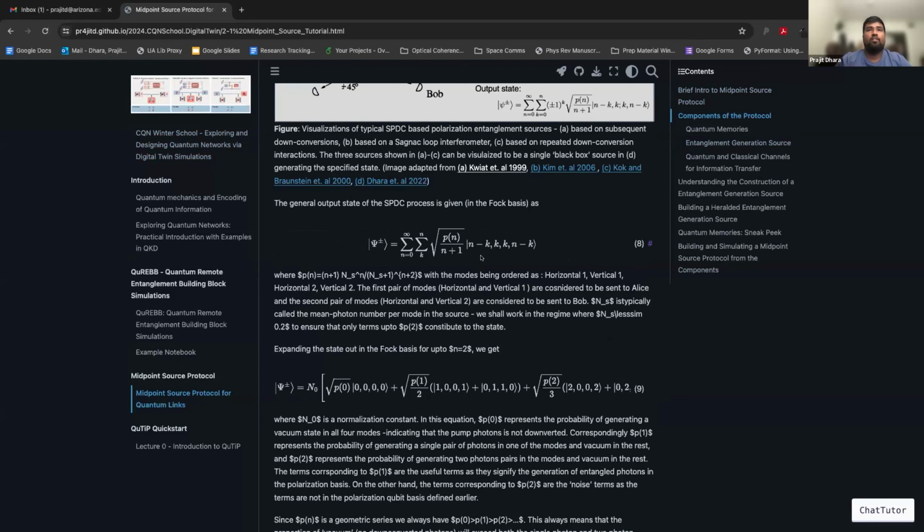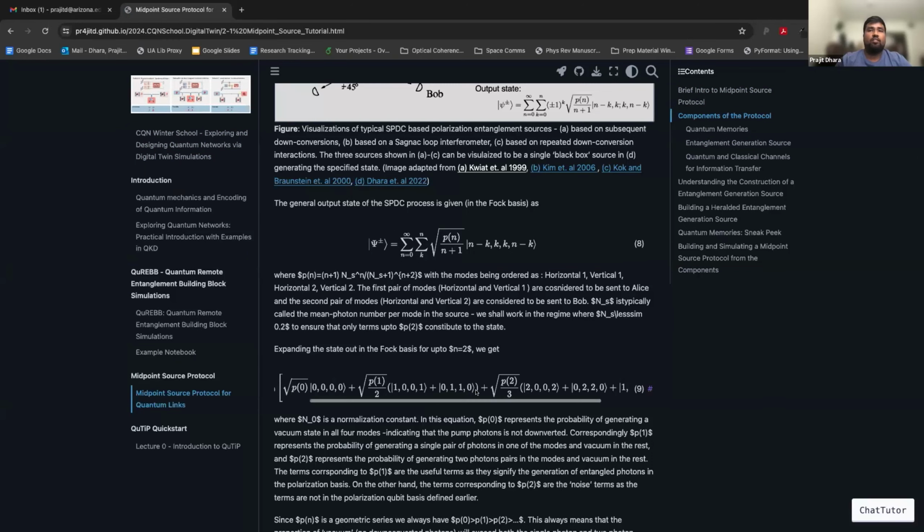For n equal to 1, you can have k equal to 0 or k equal to 1, which gives you this term over here, the 1, 0, 0, 1 plus 0, 1, 1, 0, and this term which corresponds to n equal to 2. The overall thing, since I've truncated in an ad hoc fashion by saying I'm not going to consider anything for n greater than 2, needs to be normalized properly. N naught here is a generic normalization constant.